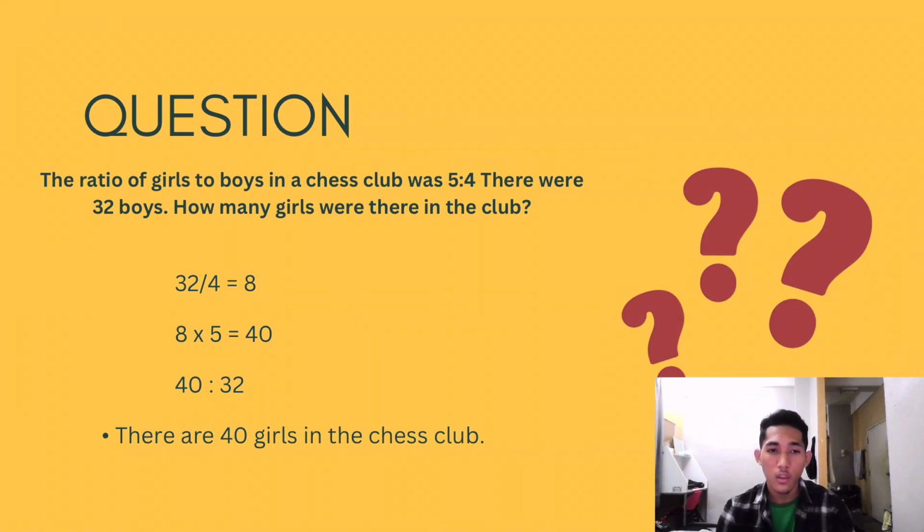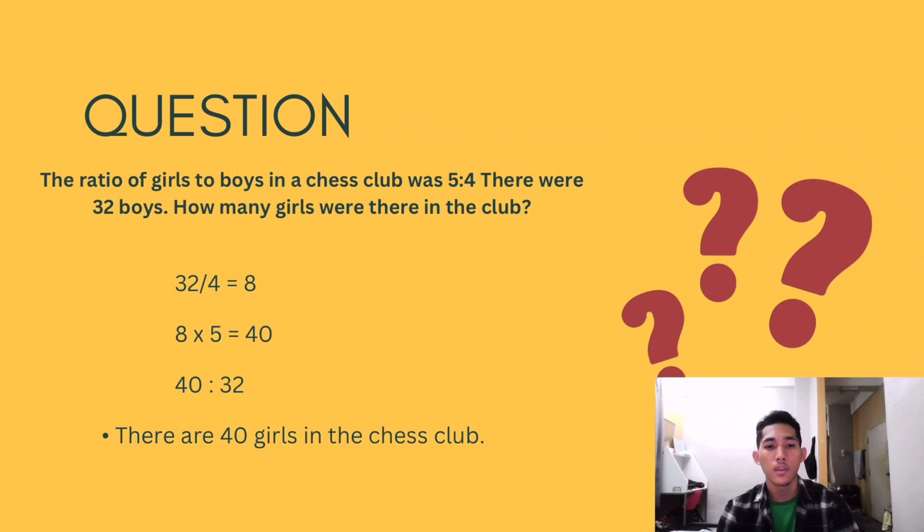Okay. Our way to solve the problem is that we need to map the number of men to find out the number of women. The number of men, 32, is equal to the ratio of 4. So first we need to divide 32 men by the ratio of 4, and we will get 8.